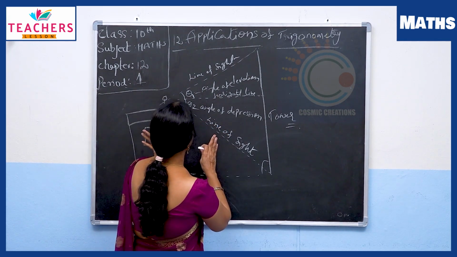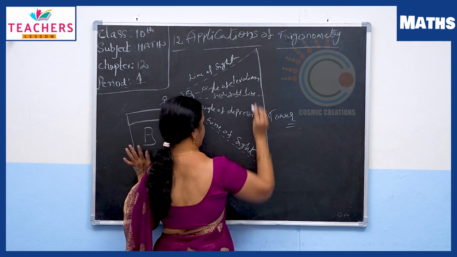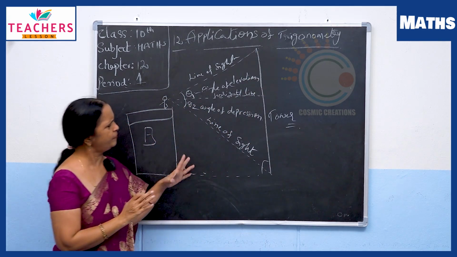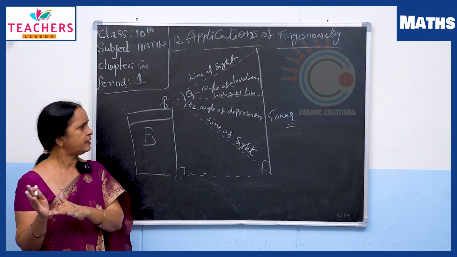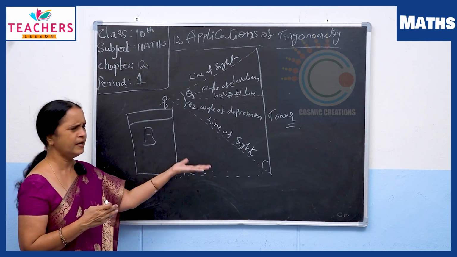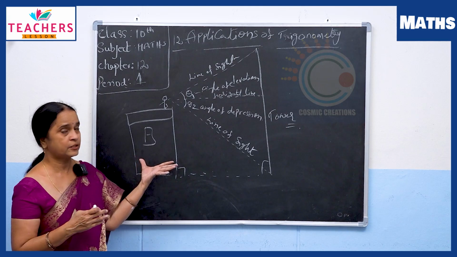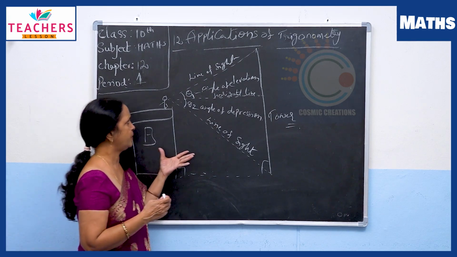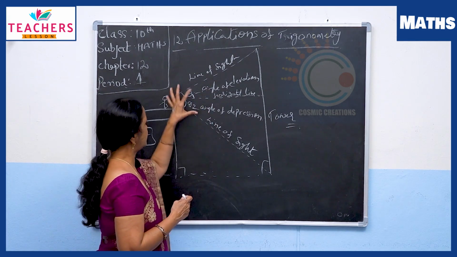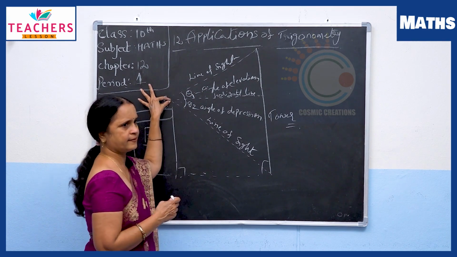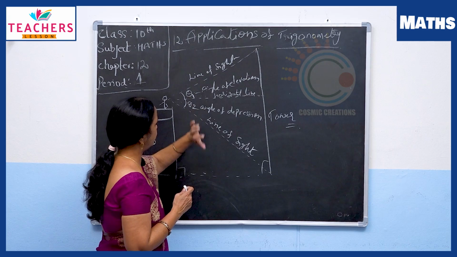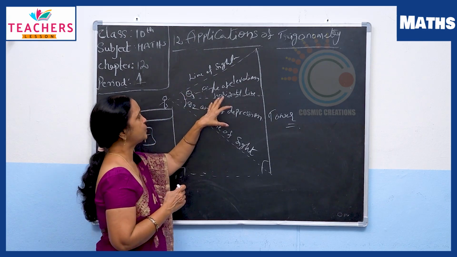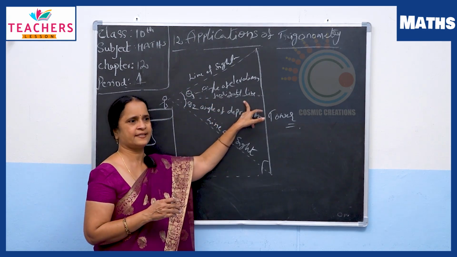Now I will ask how to find this one. We have to figure it out again without buildings, just with lines. Then we can find the height of the tower by using trigonometric concepts. Angle of elevation and angle of depression, these both are considered with reference to the horizontal line.